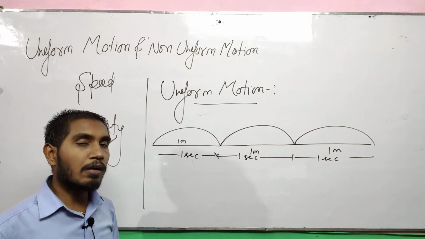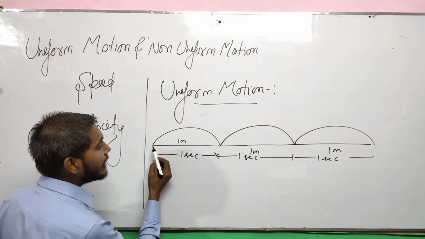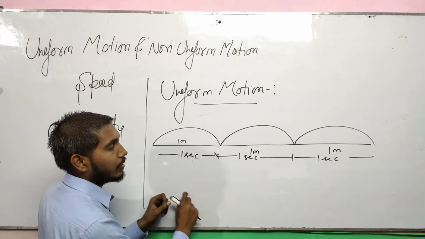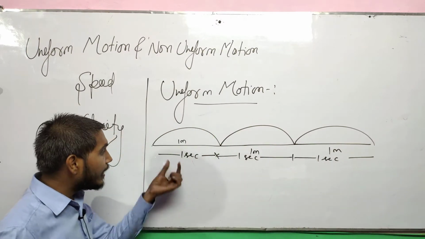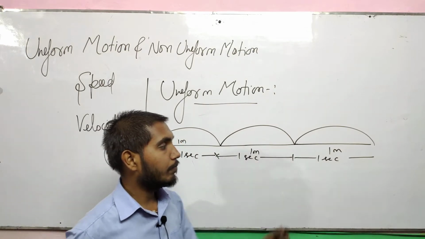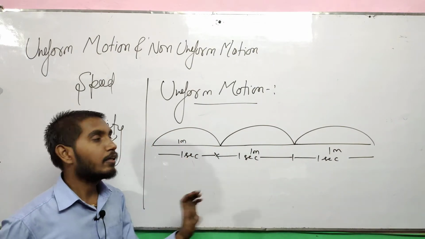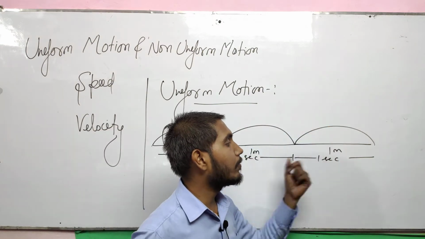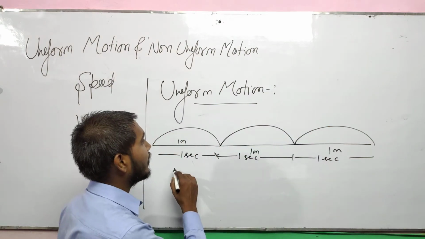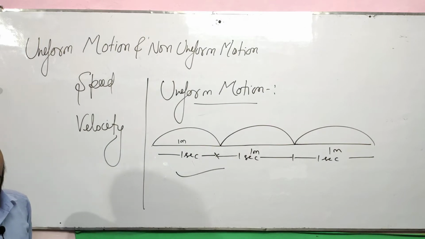When any object travels equal distance, 1 meter, 1 meter, 1 meter, in equal interval of time, 1 meter covered in 1 second, once again 1 meter covered in 1 second, once again 1 meter covered in 1 second. This type of motion is called uniform motion.